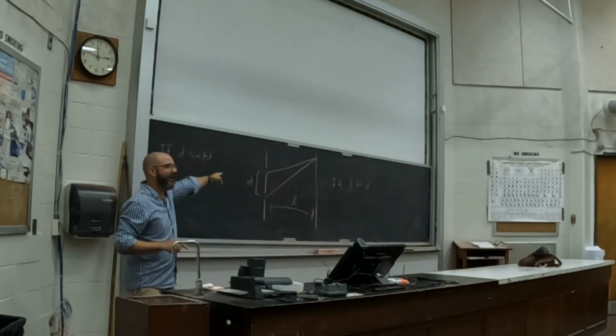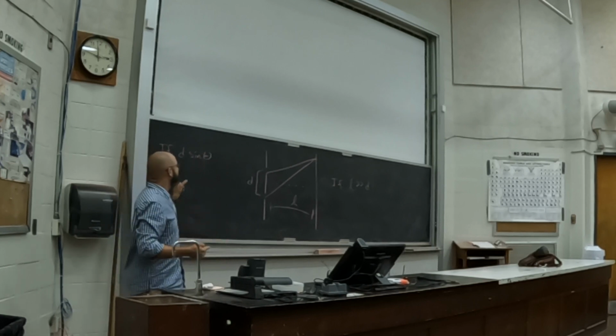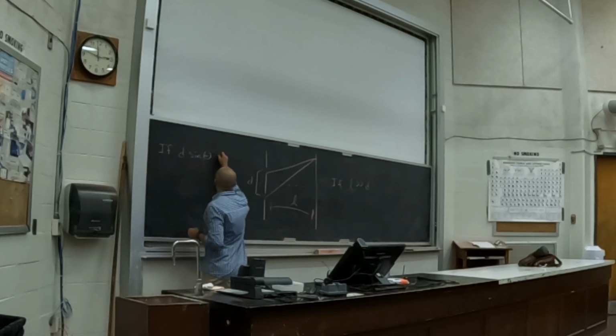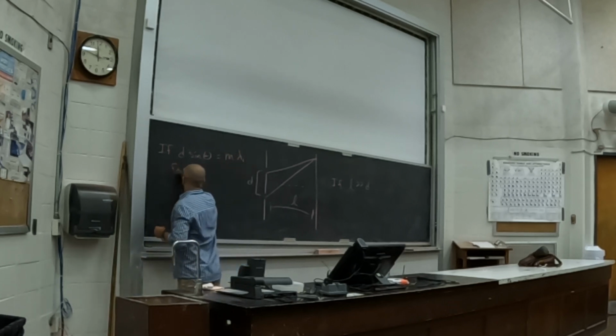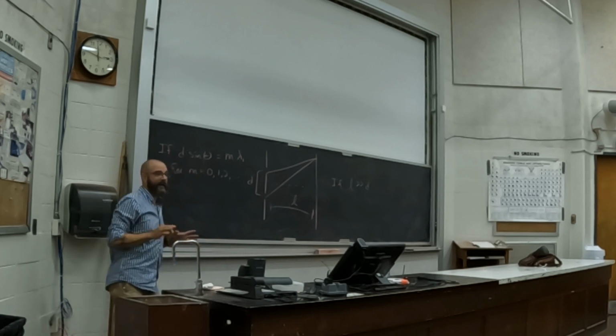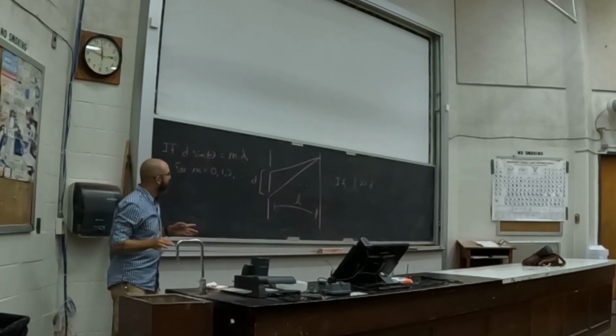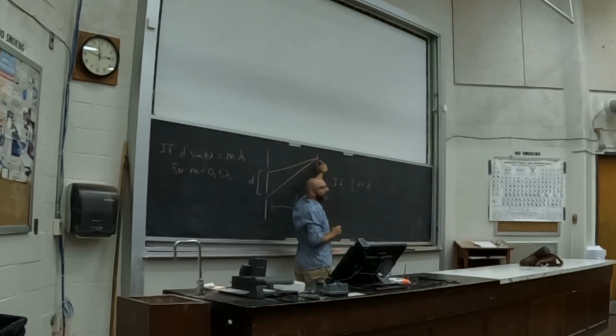And for both of those lines, as long as they're basically parallel, theta will be the same. If d sine theta equals m lambda for m equal to 0, 1, 2, etc., integer multiples, if that's the case, then this is a bright spot.